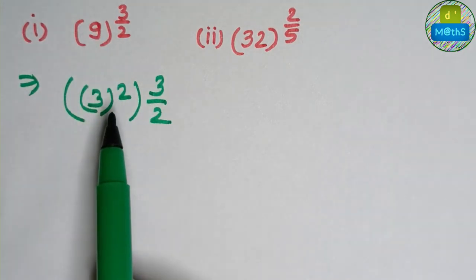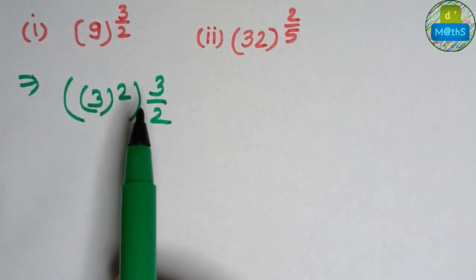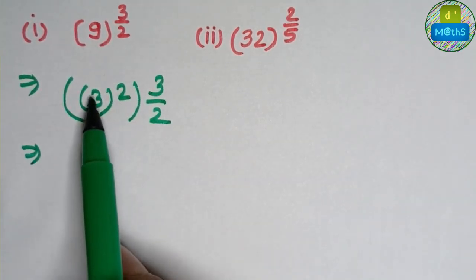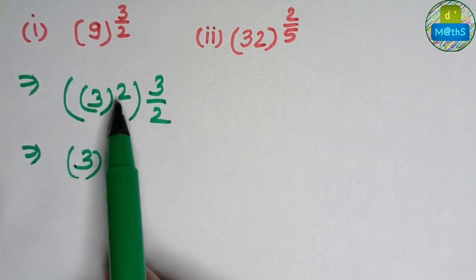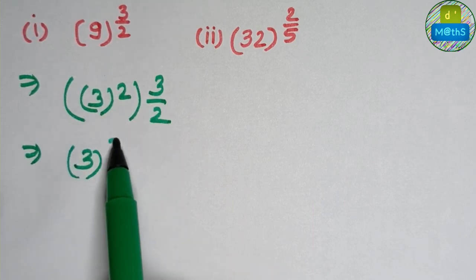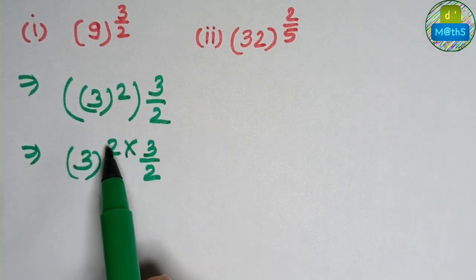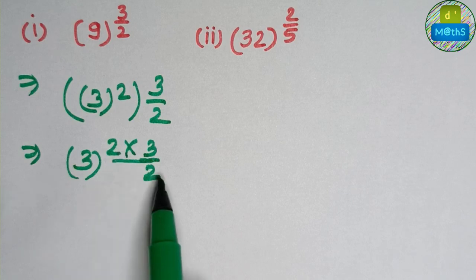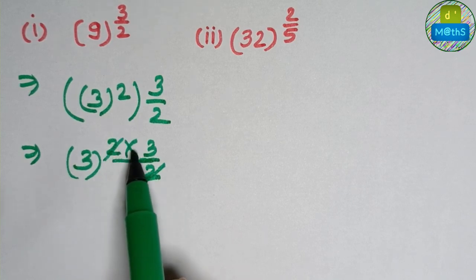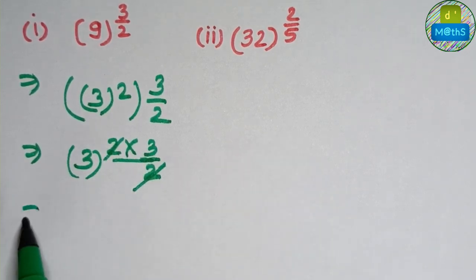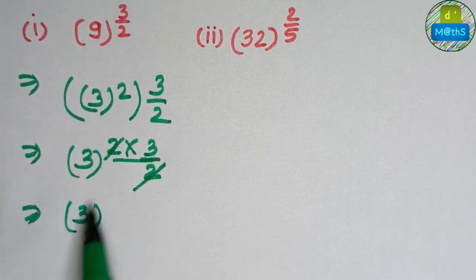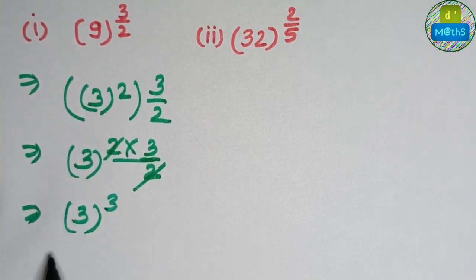So we have to assume in such a way that when we multiply both the powers, one power cancels out, and it will be very easy to calculate the value. Here you can see how 2 will cancel out, because 2 is in the numerator and the other is in the denominator.